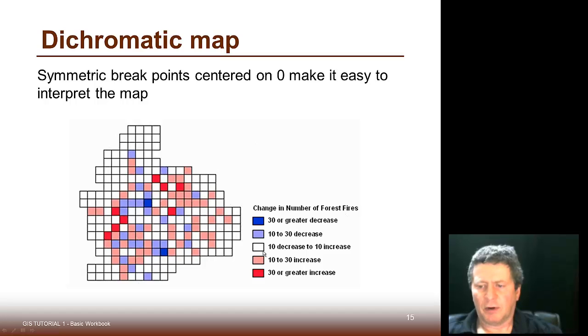The smallest number is in the center, and then larger decreases get higher colors, and larger increases get higher colors in a different way. So this allows you to differentiate whether things are getting better or worse in particular areas. So it's increasing in this range here, but decreasing in this range here.